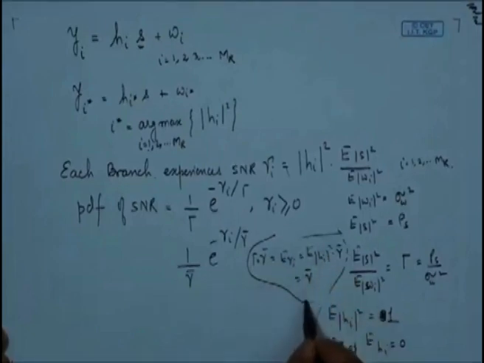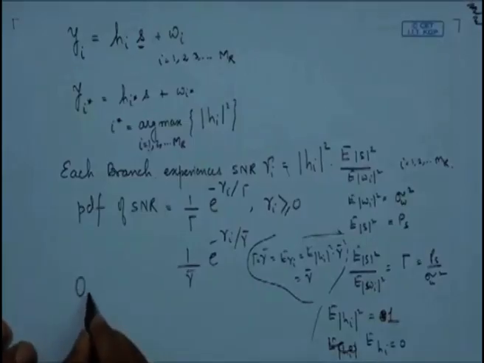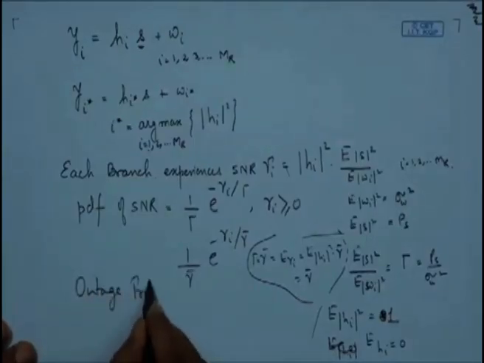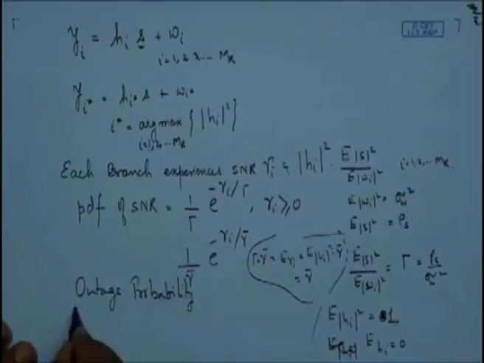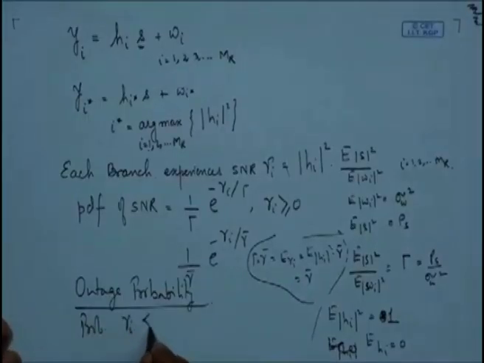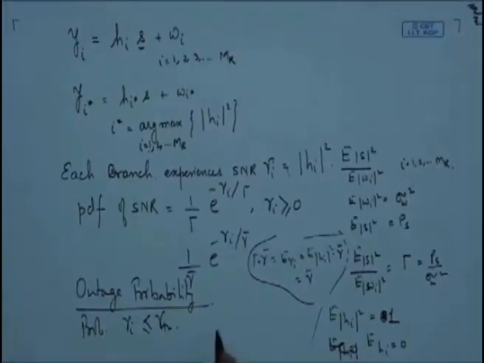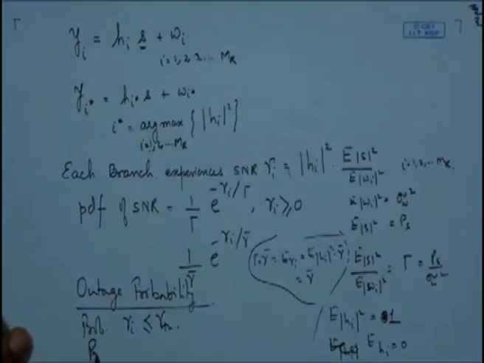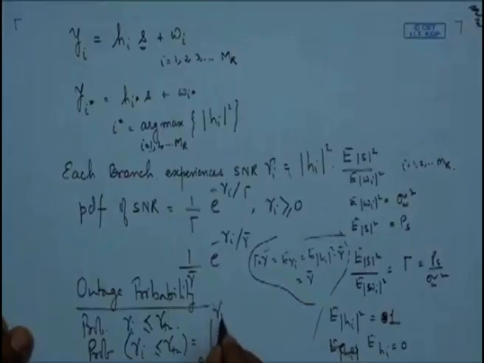So, gamma bar is the notation you could write for this case, and we could calculate the outage probability, that is, the probability that gamma_i is less than or equal to some threshold, gamma_th or gamma_0. This is equal to the integral from 0 to gamma threshold of p of gamma_i d gamma_i.